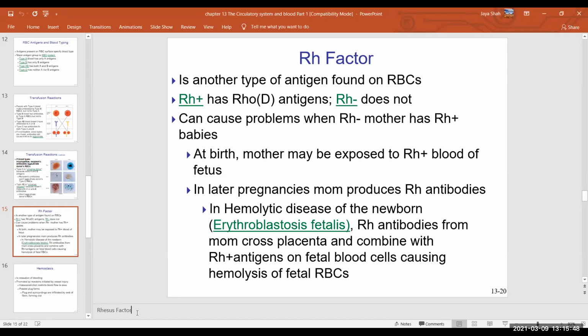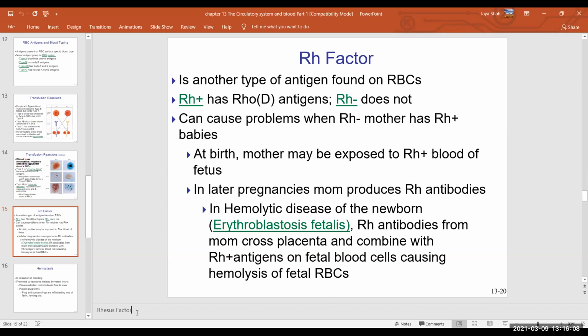So what happens in this case? Let's see, there is a disease called erythroblastosis fetalis. Just follow me like a story. This erythroblastosis fetalis happens with a female who is Rh negative.